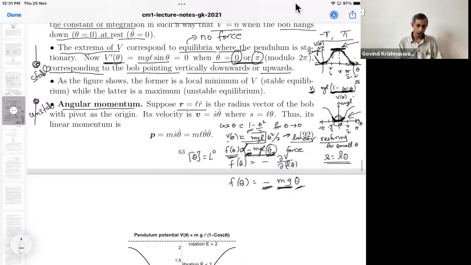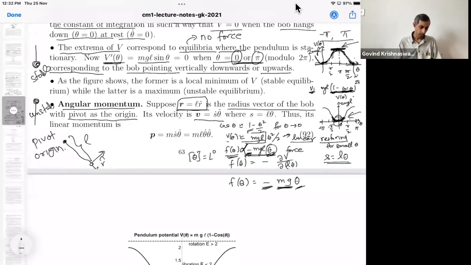Suppose r is the radius vector or position vector of the bob. So r is given by L times r hat. This was L and this was the unit vector r hat. So r is L times r hat. Now we need the velocity also, and this is being defined with respect to the pivot or the origin. So the pivot is the origin.